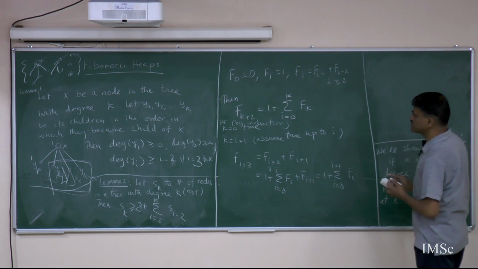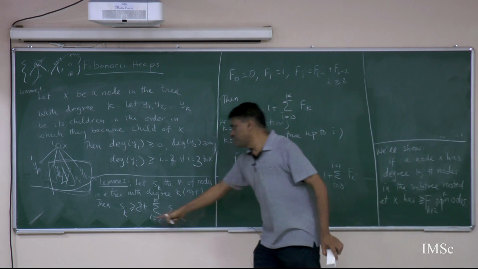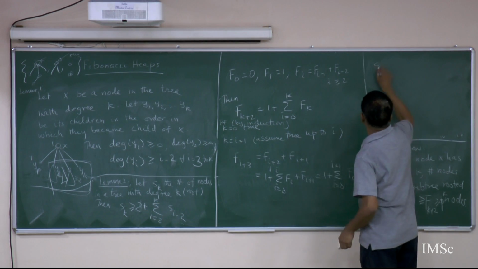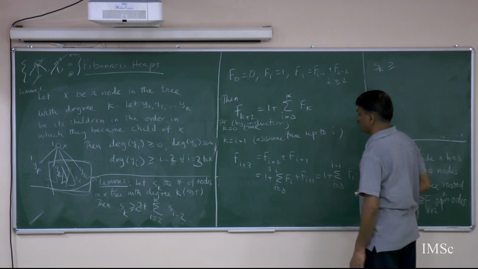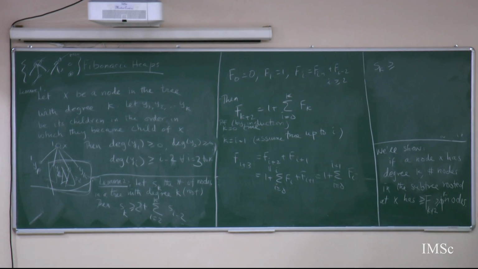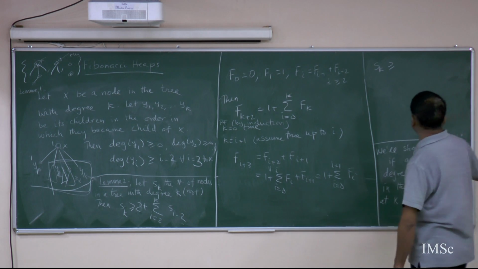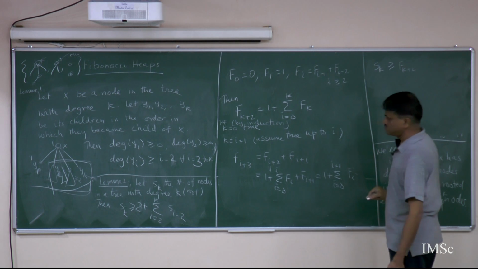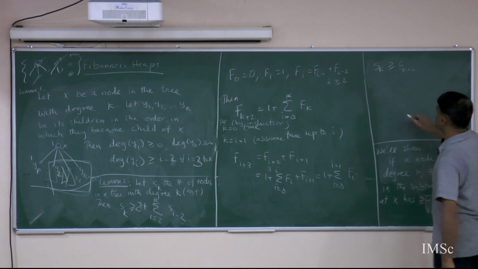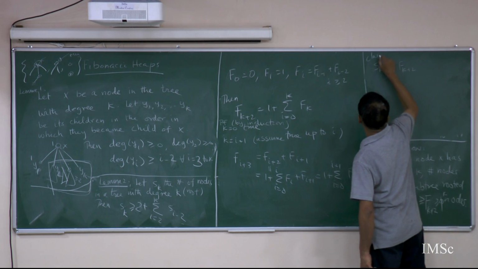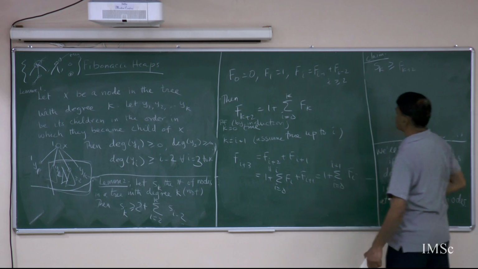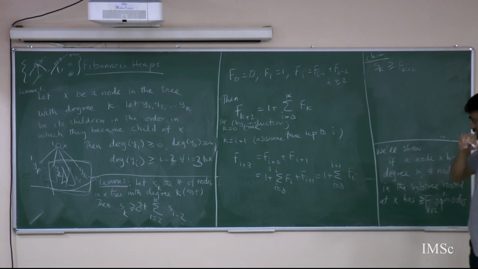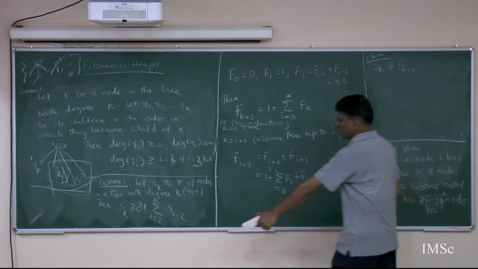Another claim is that S_k, which I am looking at, is greater than or equal to F_{k+2}. Okay, so the next claim. Why is this? Because we have already shown S_k is this.